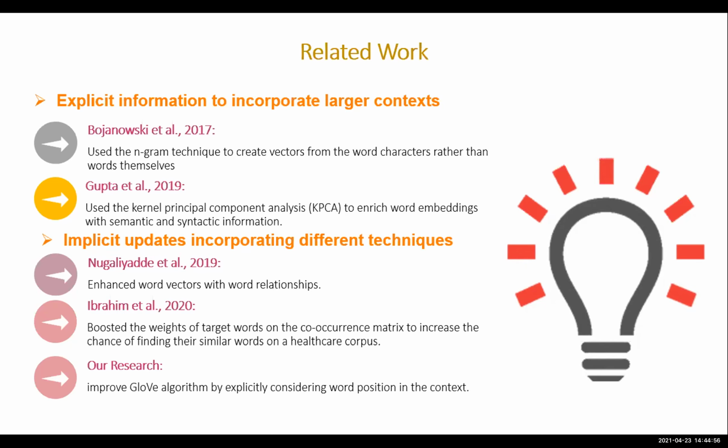Another work used implicit updates, meaning it affects the algorithm itself or its steps, such as the ones in 2019 and 2020 that boosted the weights of the target word on the co-occurrence matrix to increase the chance of finding similar words. Our research is different from these published works in that it improves the GloVe algorithm by explicitly considering word position in the context.